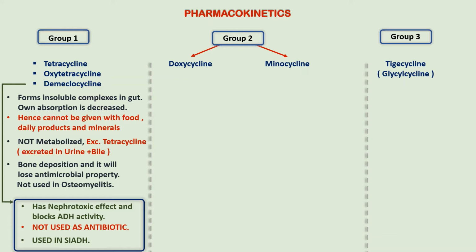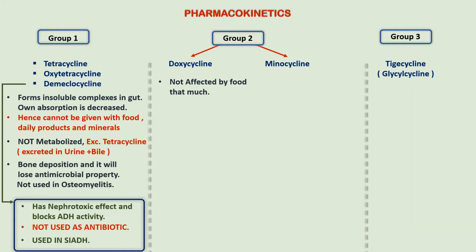Now talking about the group 2 drugs, to overcome the problem of drug-food interactions of group 1 drugs, we have doxycycline. Food does not affect the absorption of doxycycline. This is because the doxycycline metal complex at acidic pH in the stomach is unstable, so it disintegrates and thus is absorbed in the duodenum.